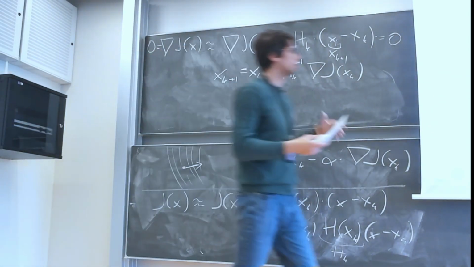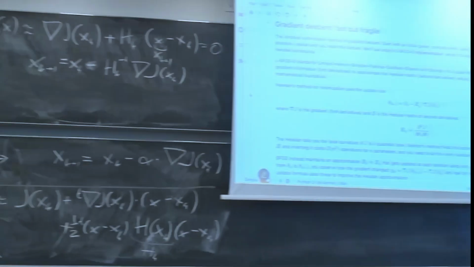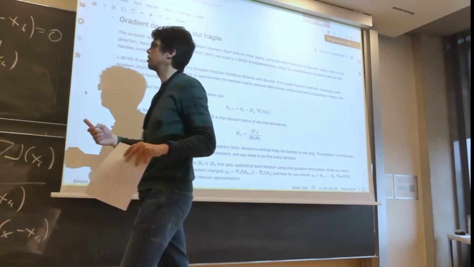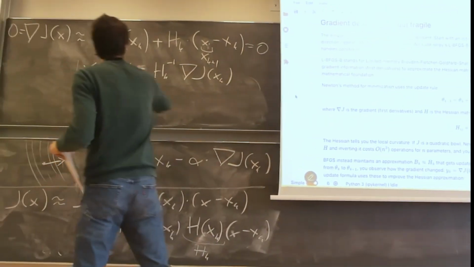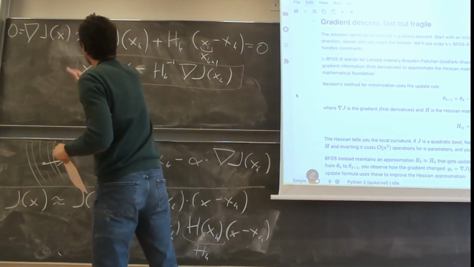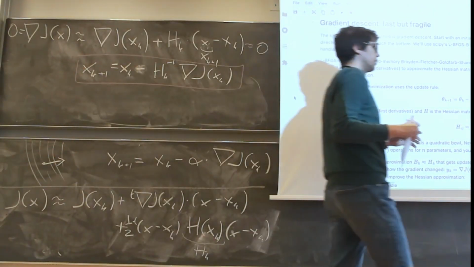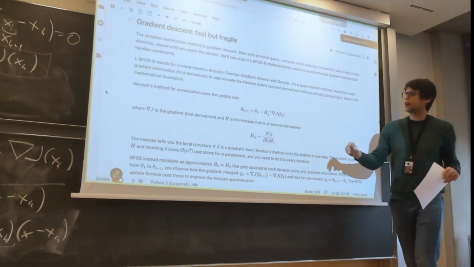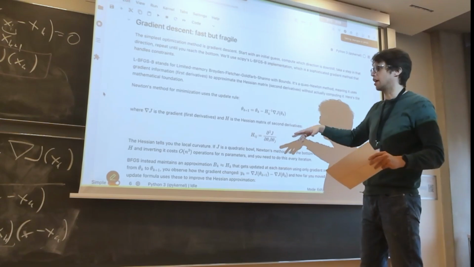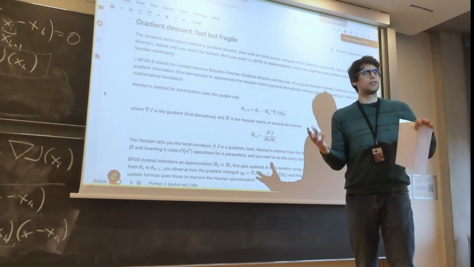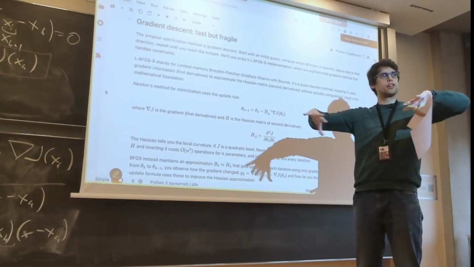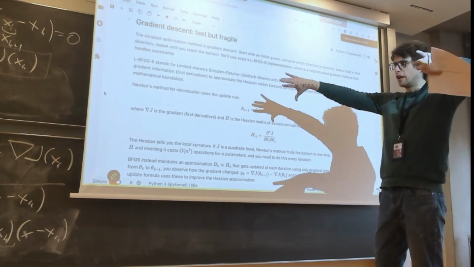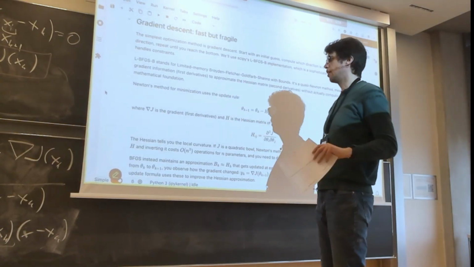And then, using a second order Taylor approximation, you get this a bit more sophisticated formula for your next update, which takes into account the Hessian, the second derivative, and more or less what it takes into account is the curvature of the landscape that we have. If it's elongated, it takes into account that it is elongated.